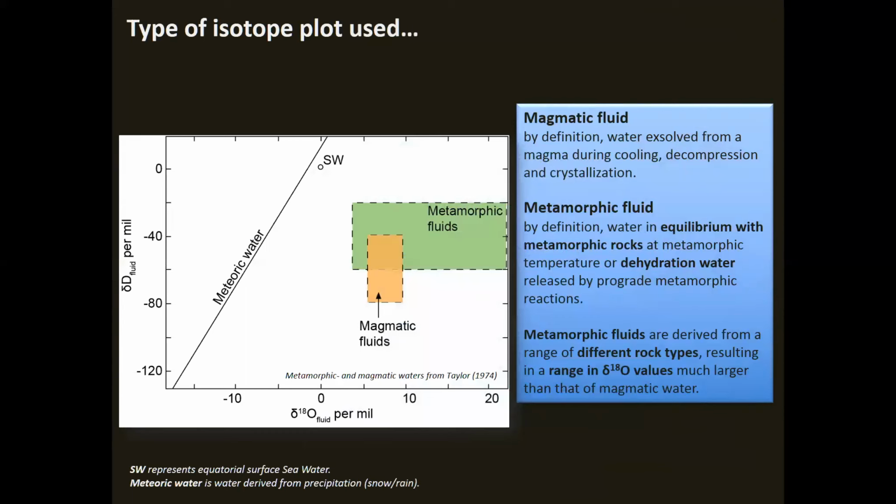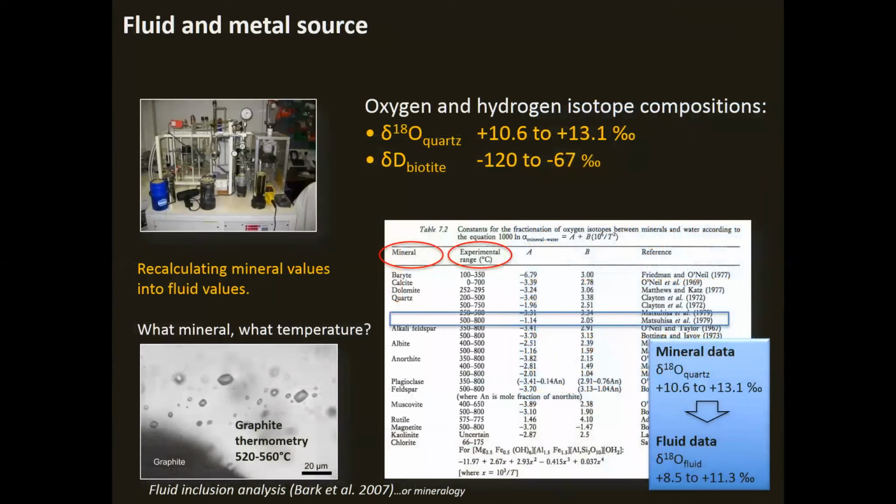And we will get back to this later on. So we do the analysis for oxygen and hydrogen isotopes, and we see that we end up at positive values for oxygen, plus 11 to roughly plus 13 per mil. For hydrogen, we land at minus 120 to minus 67 per mil.